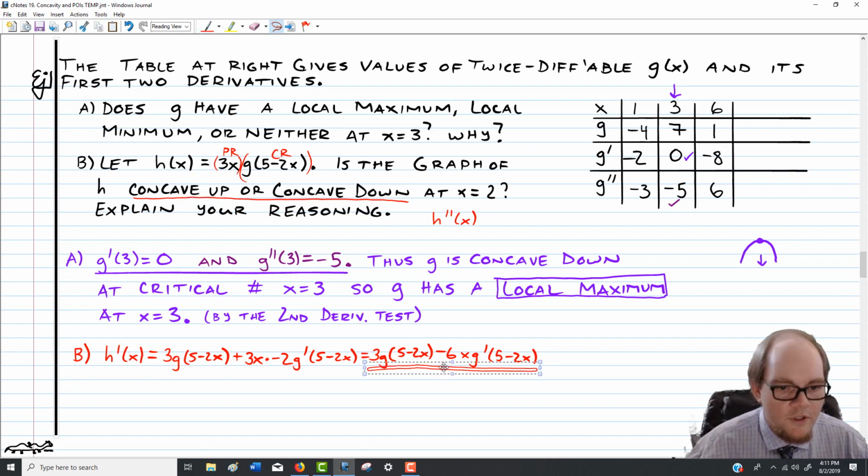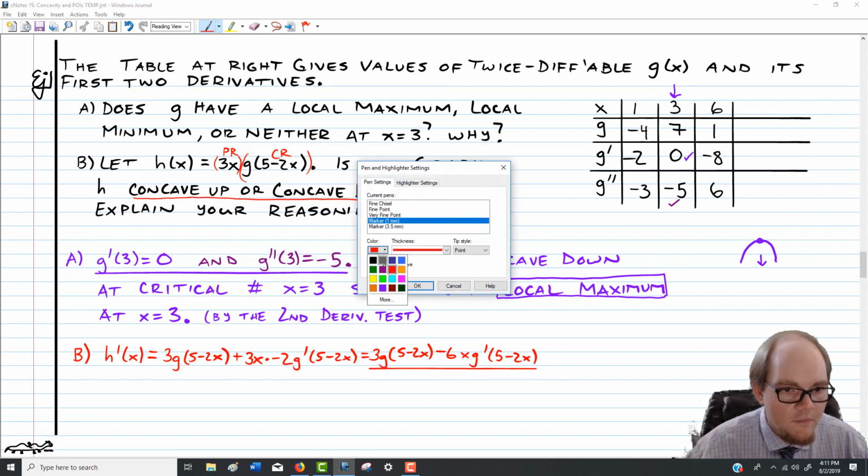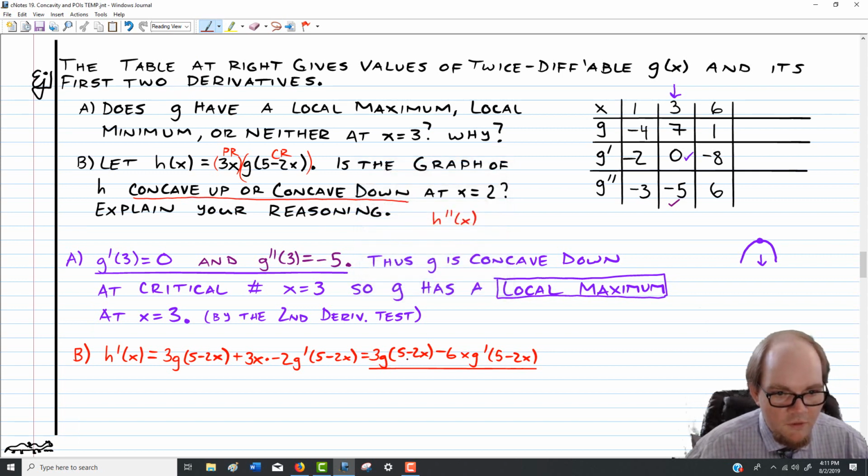Now we could not be so fortunate as for that to be our answer. We want to talk about concavity, so we need to take the second derivative. Looking in here, we've got to differentiate one more time. Our first term to differentiate, 3g of 5 minus 2x, we're again going to use the chain rule and get out a derivative of negative 2. So h double prime will start by being equal to negative 6 g prime of 5 minus 2x.